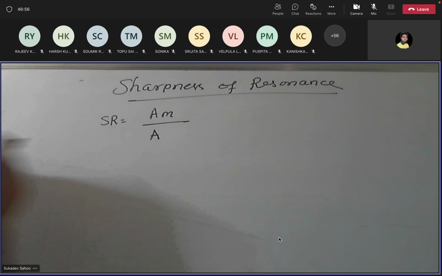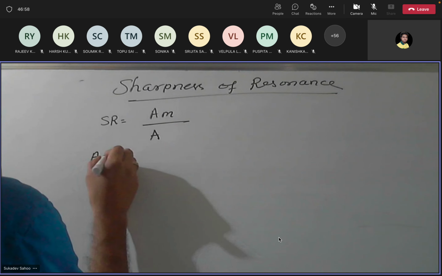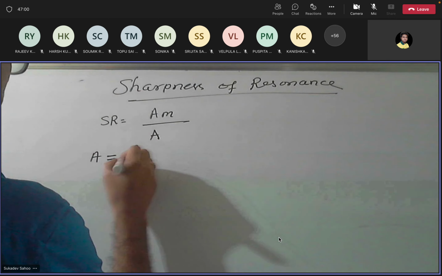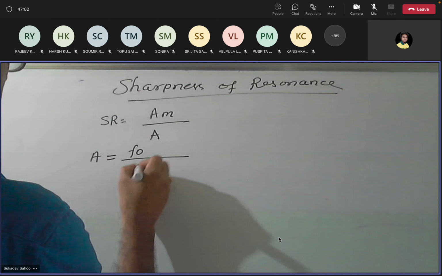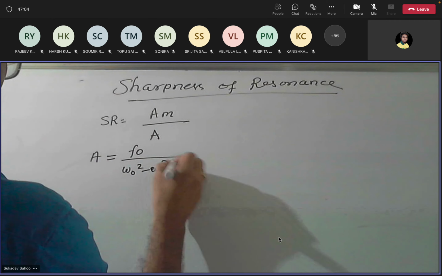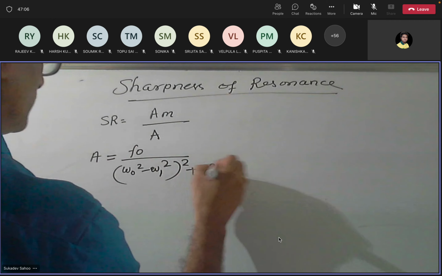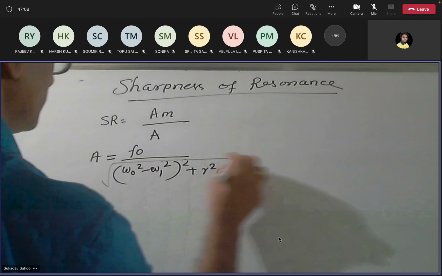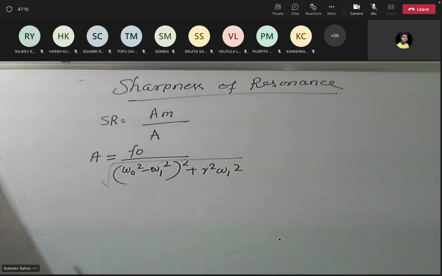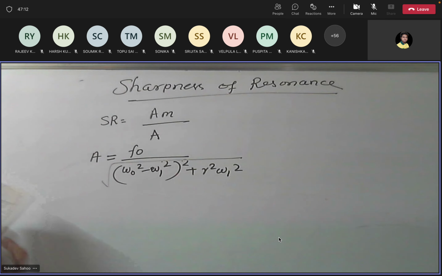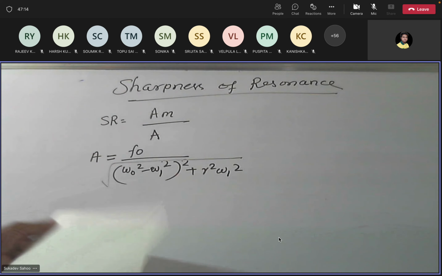We know the expression for amplitude. Here A equals F0 divided by the square root of (omega0 square minus omega1 square) whole square plus gamma square omega1 square. You know these things. Again, what will be the maximum amplitude, or amplitude resonance?